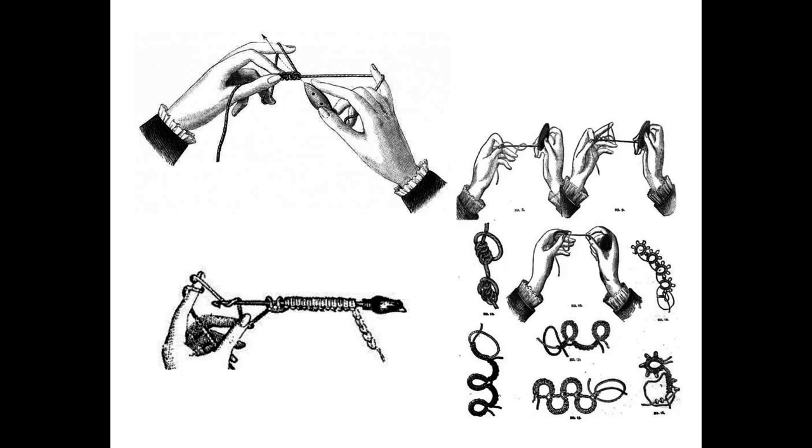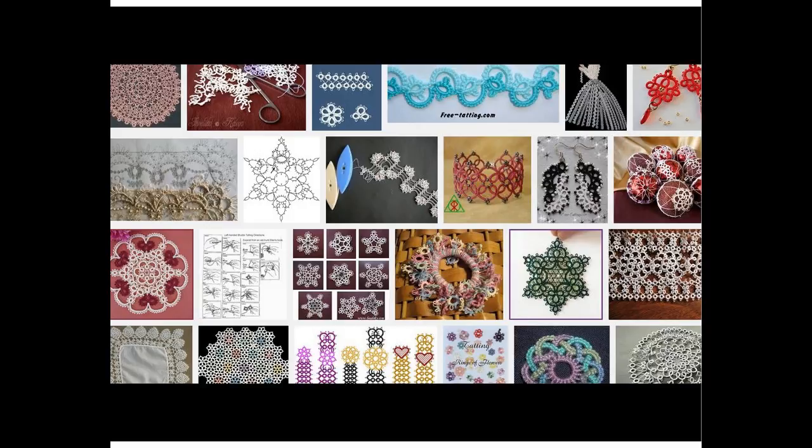And what it is, is basically using very small threads to make knots, and for you to make laces, such as this, you have to create about maybe 30 to 50 knots to generate maybe like 50 millimeters' worth of lace. So it's a very intricate job, and it requires a lot of effort and time.